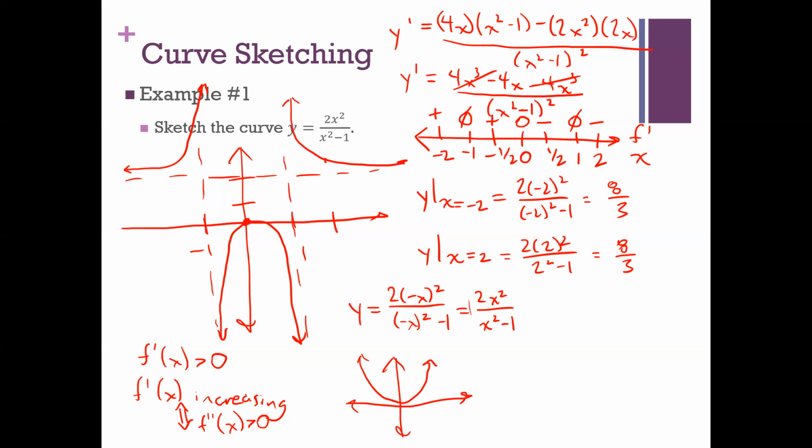Of course, a question: what kind of symmetry does this graph have, and how do we know? There are at least two ways, one from the graph and one from the algebra. Even symmetry, algebraically speaking, is where you replace all your inputs with their opposites. Replace all your x's with negative x's and see what comes out.